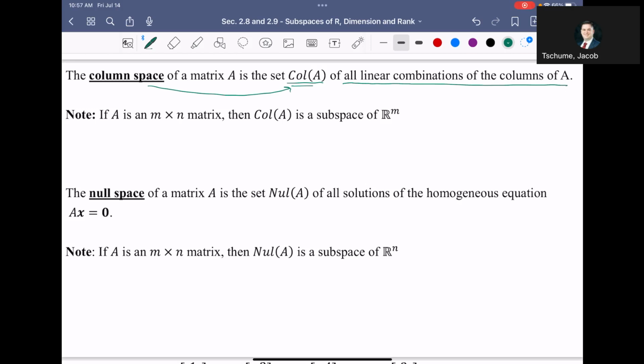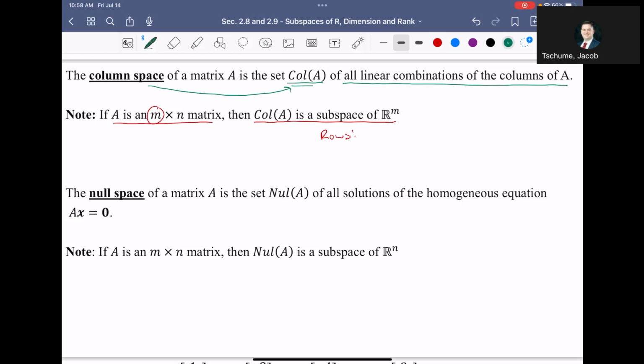A little note here for reference: if A is an m by n matrix, then the column space of A will be a subspace of R^m, where m is the number of rows in your matrix. So when you find the column space of A, which I'll show you how to do in just a minute, the number of rows in the original matrix A tells you the dimension that you're focusing on.